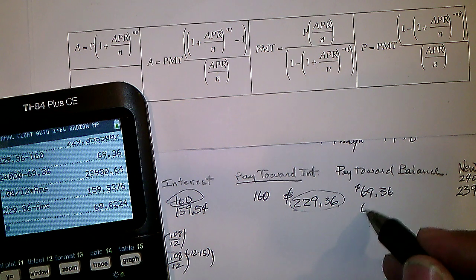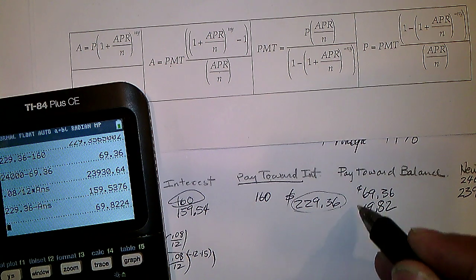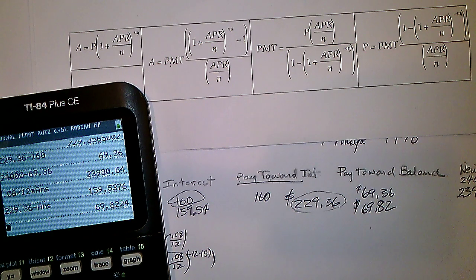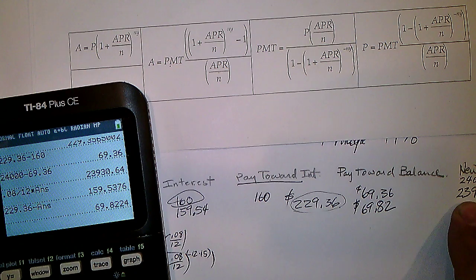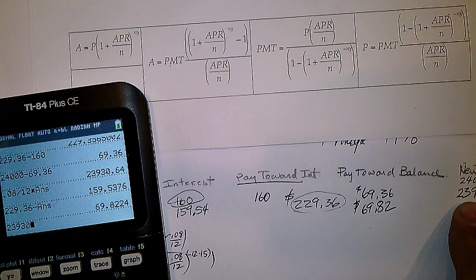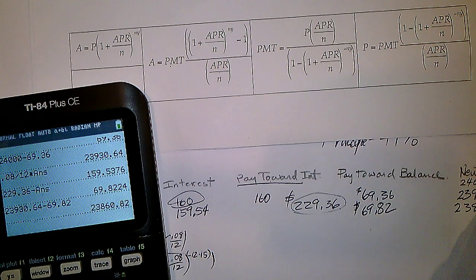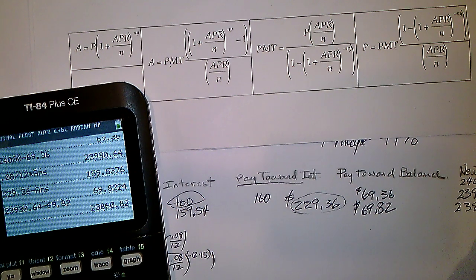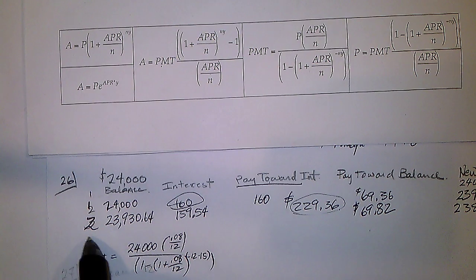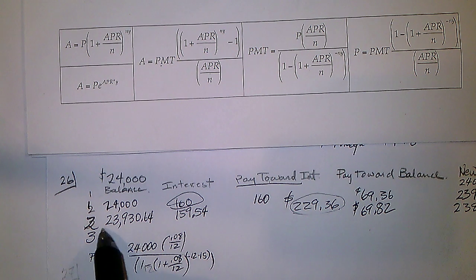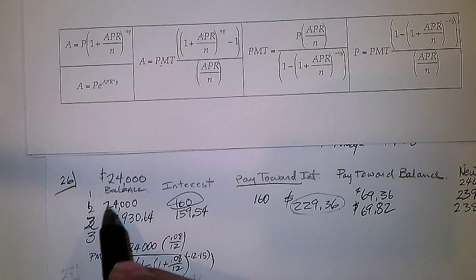This time I'm paying $69.82 on the balance. So I'm going to take that away from what the old balance was, 23,930.64, and subtract 69.82, and my new balance is 23,860.82. So that would be end of month 3, and start of month 3.